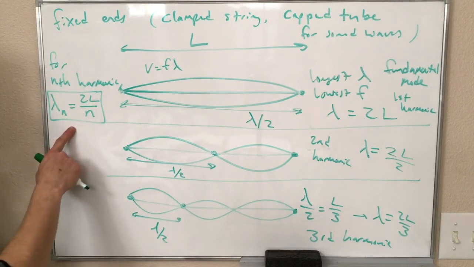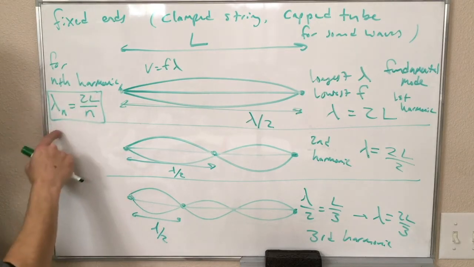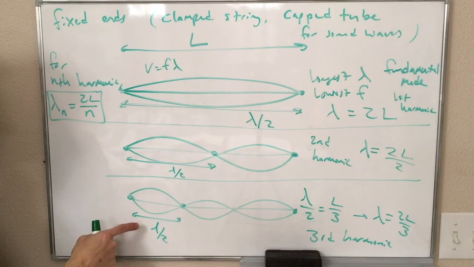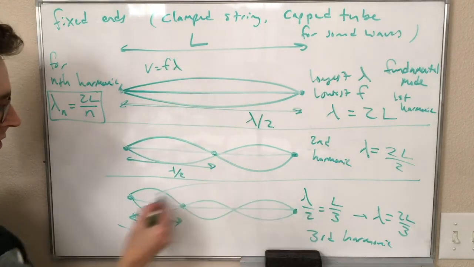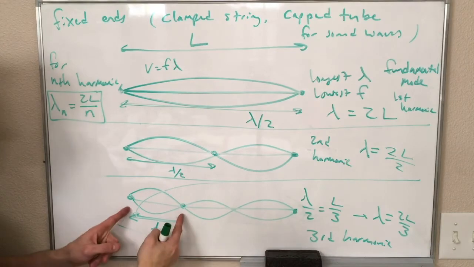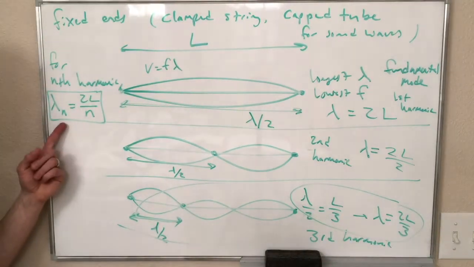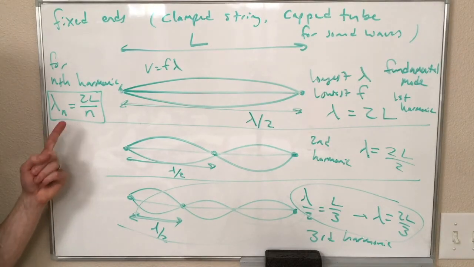So this equation is useful in these sorts of problems, but you should know that we never actually need to use it because we can always draw a picture or look at the pictures and figure out what's going on based on this distance being lambda over 2, right? If we can draw this picture and know that this length is L and this length is lambda over 2, we can always get to this equation. So this may save some steps, but using these equations is never necessary.